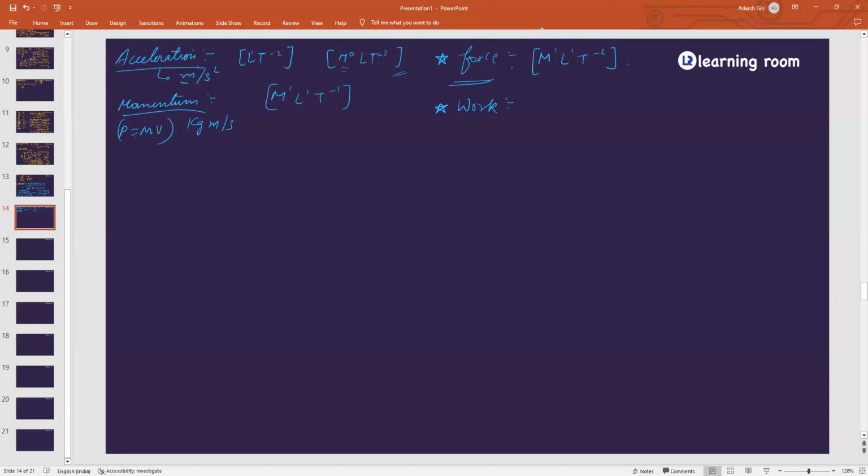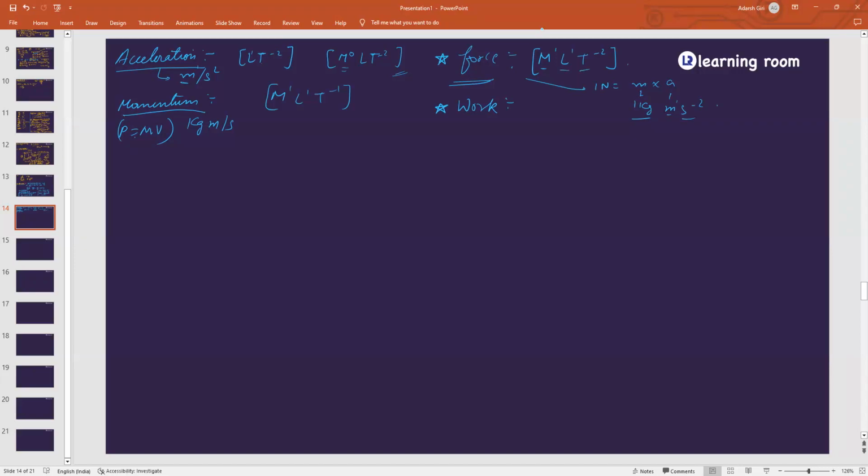Correct. What is the unit of force? 1 Newton. 1 Newton corresponds to what? Mass times acceleration. In detail, it is 1 kg meter per second square. So for 1 kg, it is mass to the power 1, meter to the power 1, that is length to the power 1, T to the power minus 2.